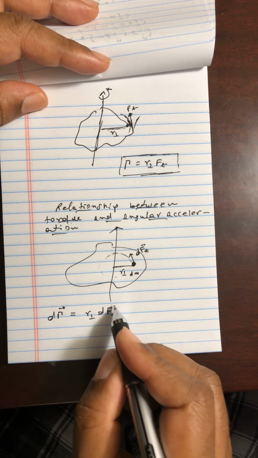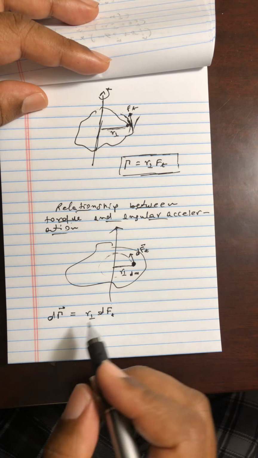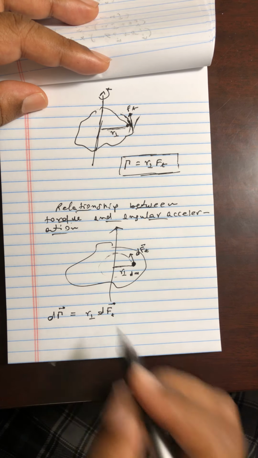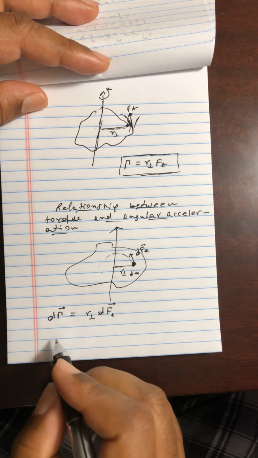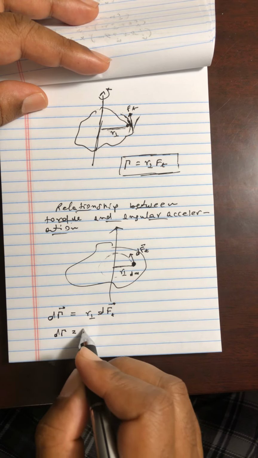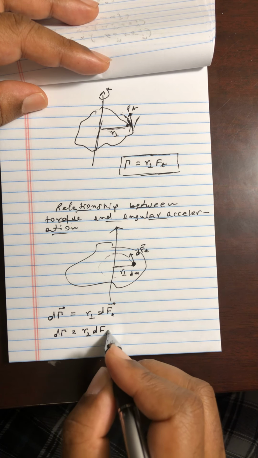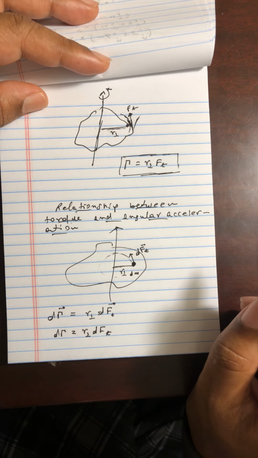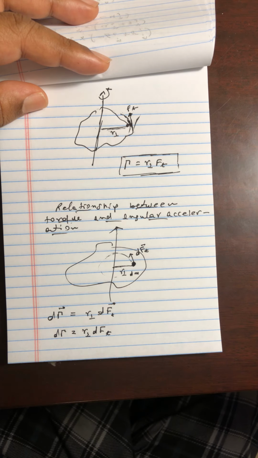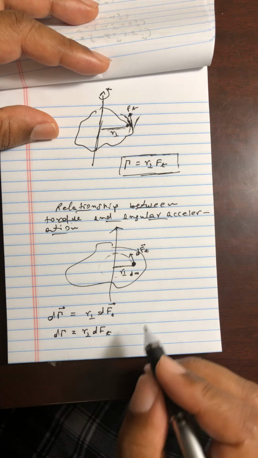So the torque acting just on this mass, you can say d tau, is r perpendicular times the force. We're talking about the one-dimensional case, so let me take off the vectors. So we have d tau equals r perpendicular times dFt. The direction of torque is fixed, so we don't have to carry the vectors. But what is force? Force is mass times acceleration.